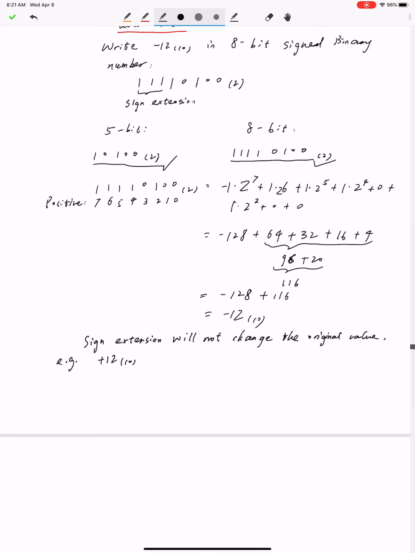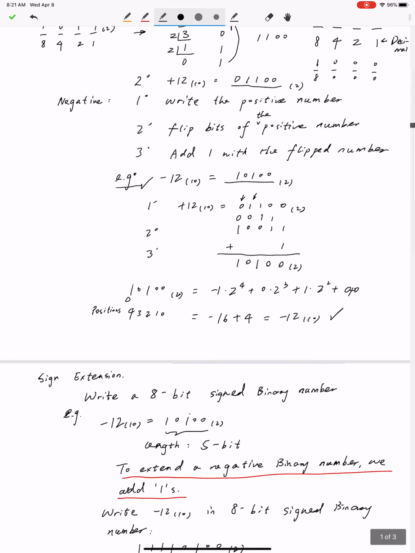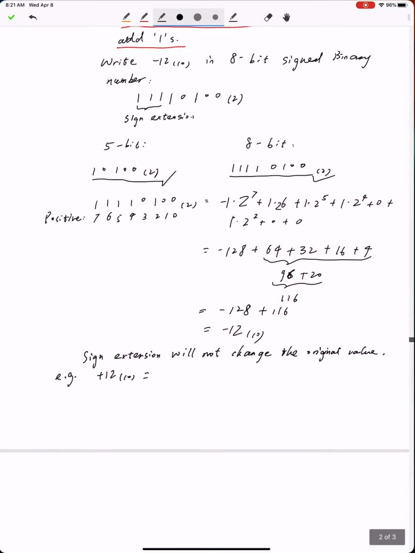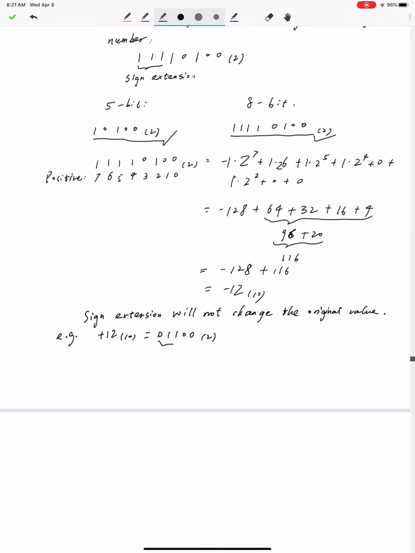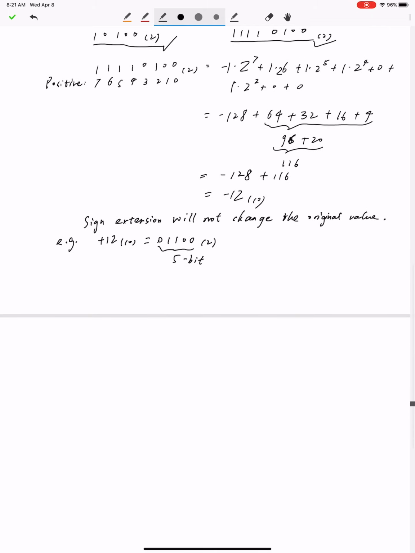Let me give you another example. Positive 12 is 01100. It's also a 5-bit signed binary number. So to extend a positive binary number, we add 0 in front of it.